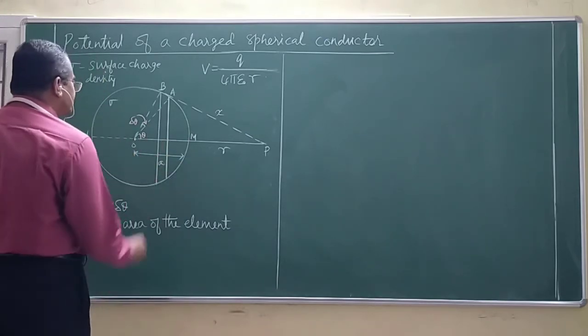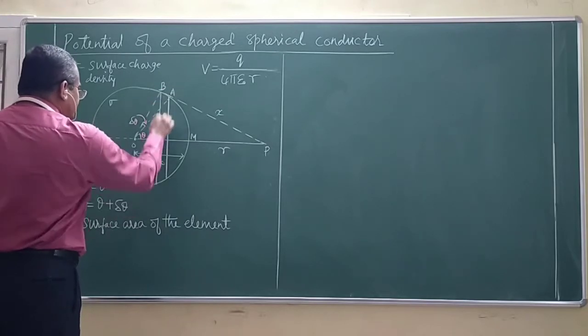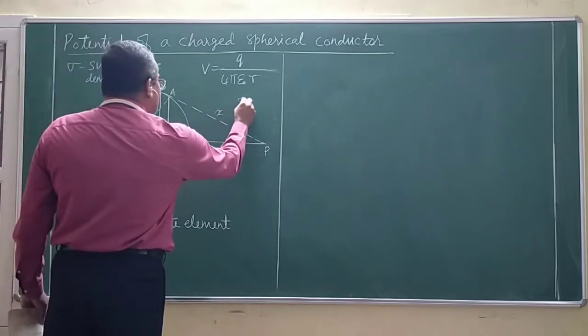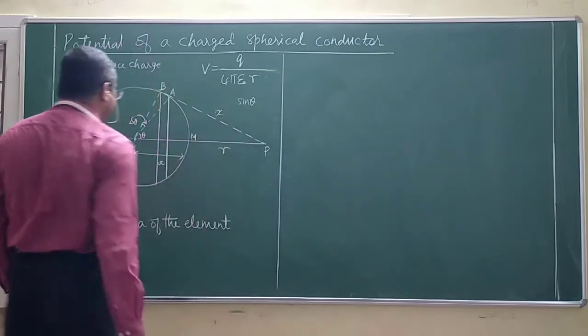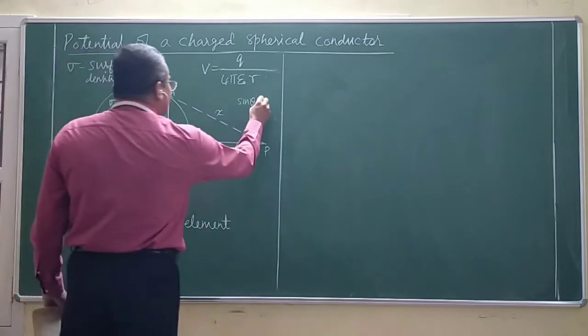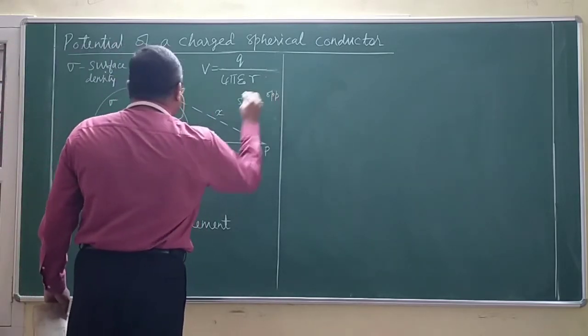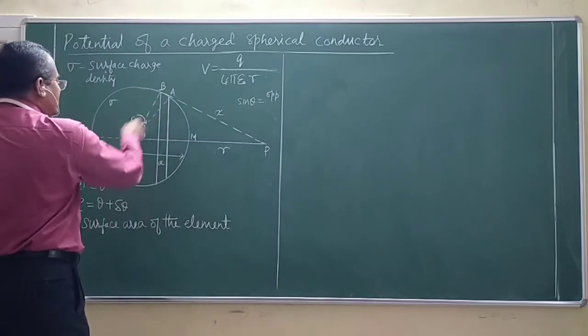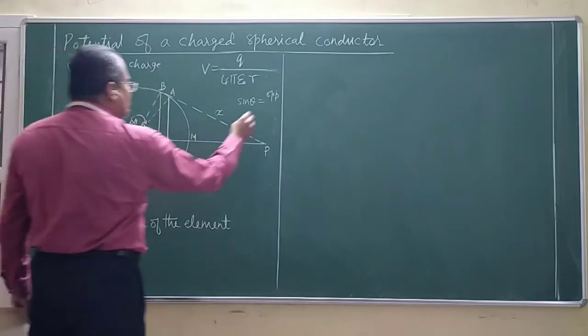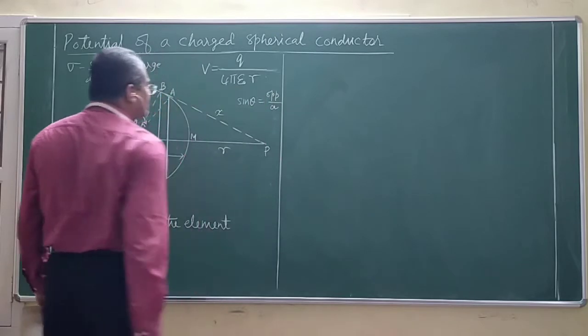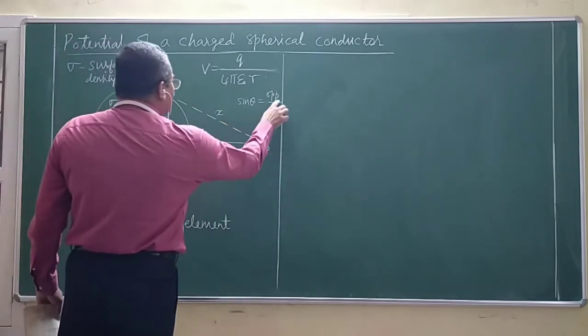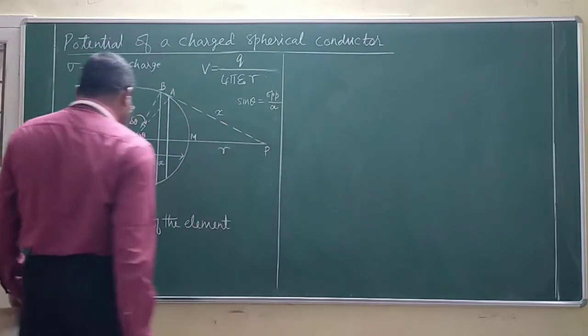How do I find that? This one I want. Let me take sin theta, opposite side. From the center you draw a line, it will be radius A, which means my opposite side will be A sin theta.